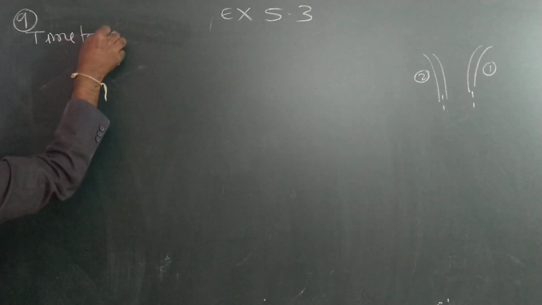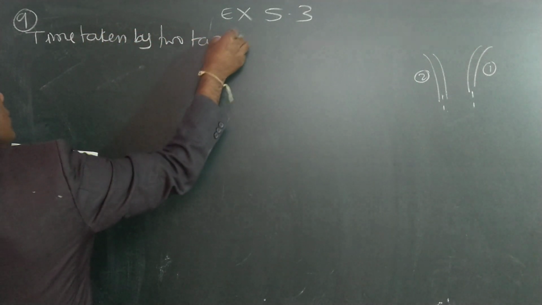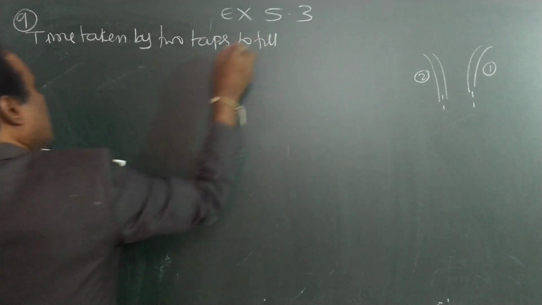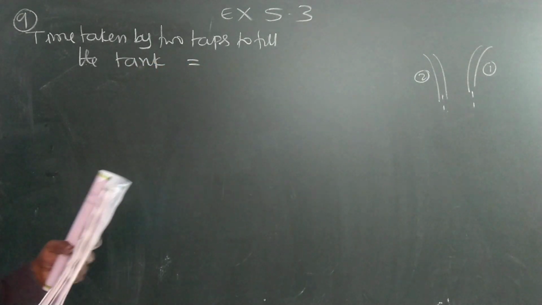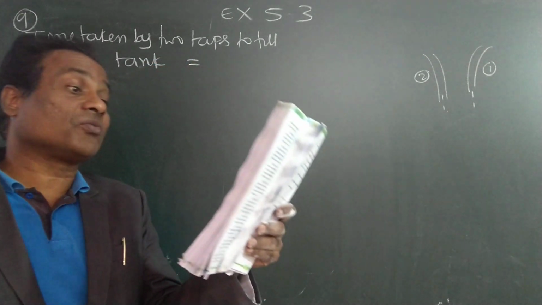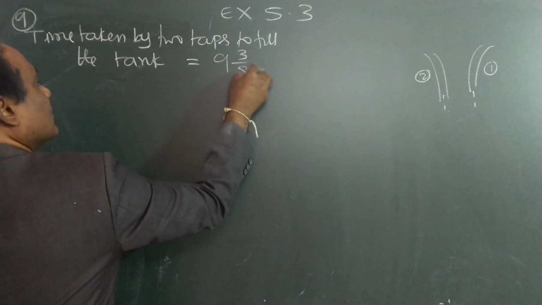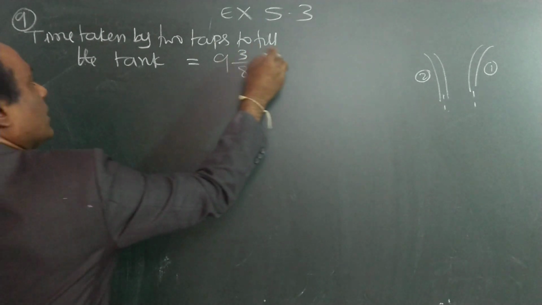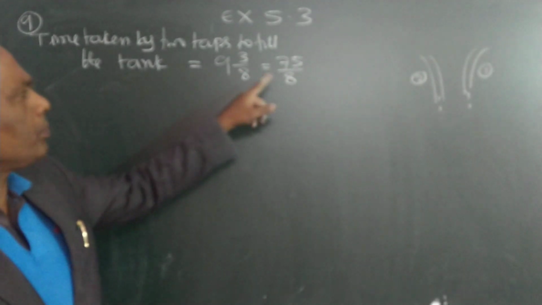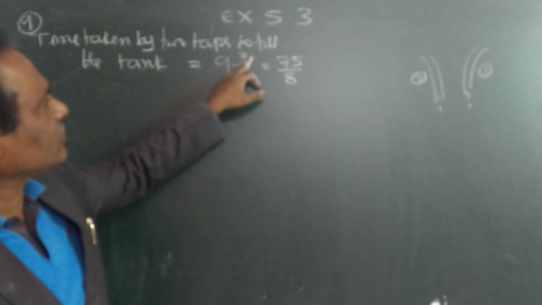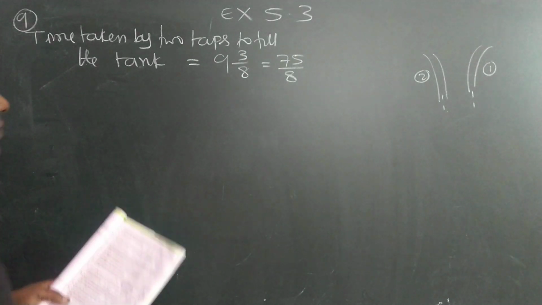Time taken by the 2 water taps to fill the tank is 9 3/8. 9 times 8 is 72 plus 3 is 75/8. Mixed fraction converted into improper fraction. 75/8 hours.